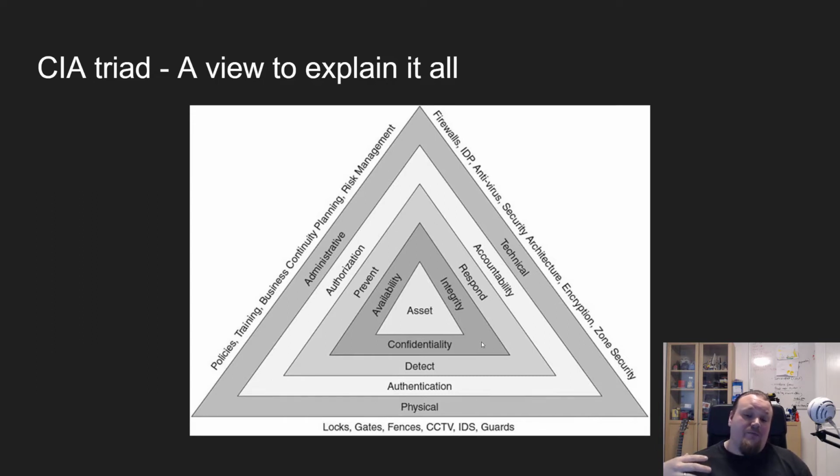How can we ensure that this is not broken? Of course, people with a more technical mindset should be able to contribute with a lot more technical stuff, and people with a little more soft mindset should be able to do more of the policies and training and stuff like that. So of course, all jobs are needed, and all the angles are important.